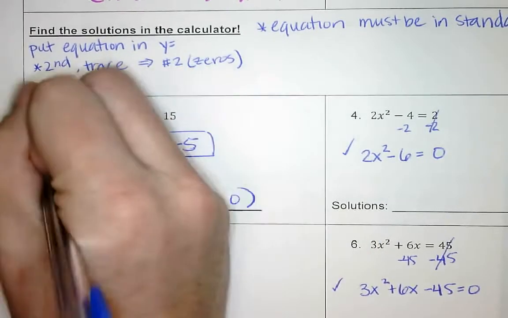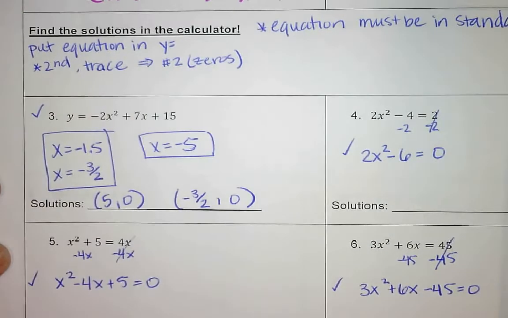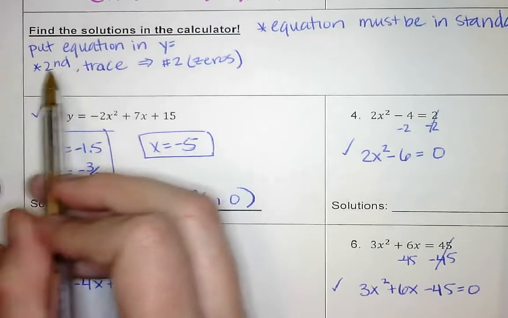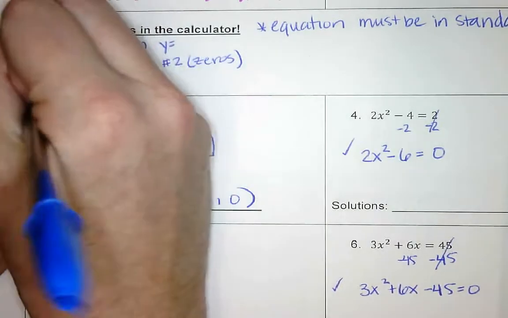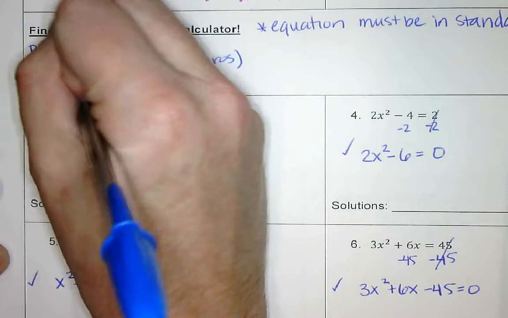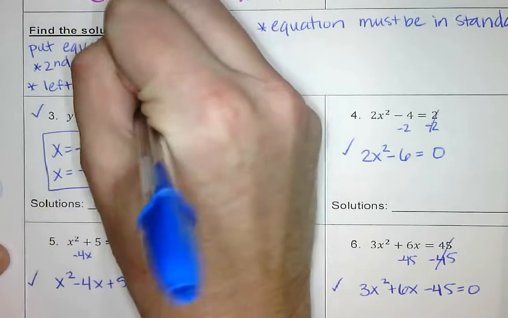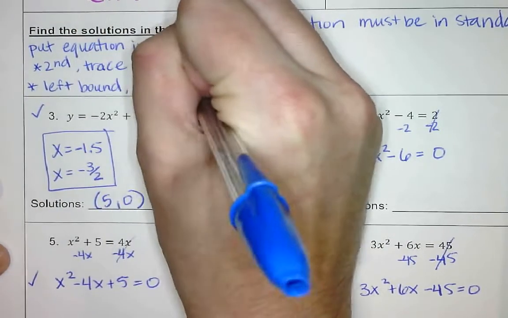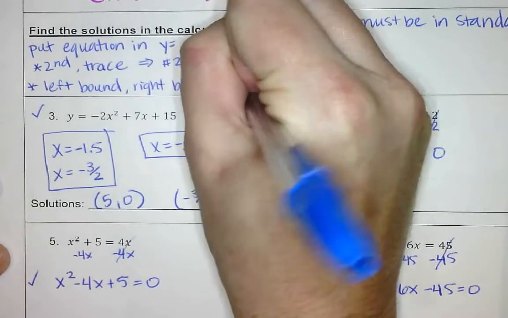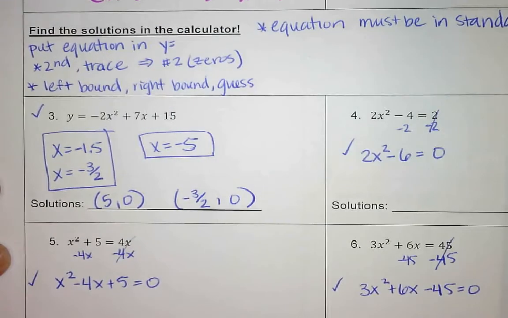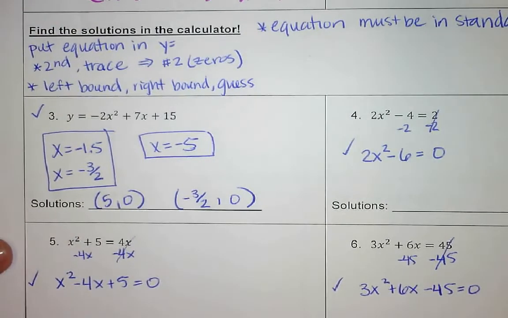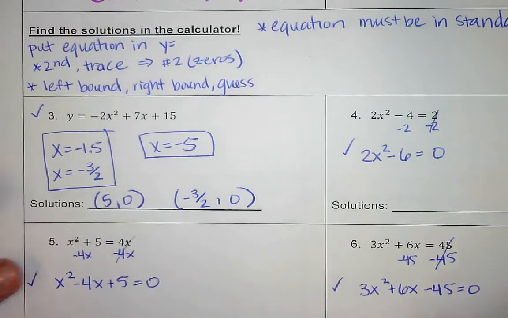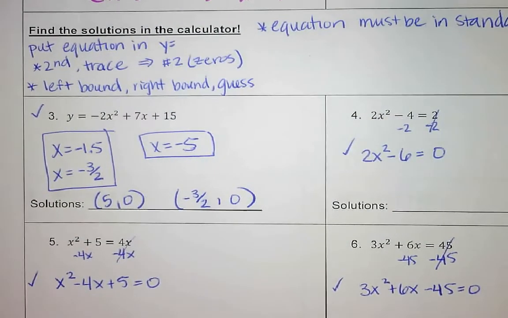So let's review. We went second trace, number 2 zeros. Then you have to do the left boundary, the right boundary, and hit your guess, and then it gives you your 0. Do you guys remember doing that? And the only thing is guys, if you have 2 weird zeros, then you have to repeat it. You got to do it for both sides. In this case, we didn't really have to do it twice because we already knew that one was 5, 0.